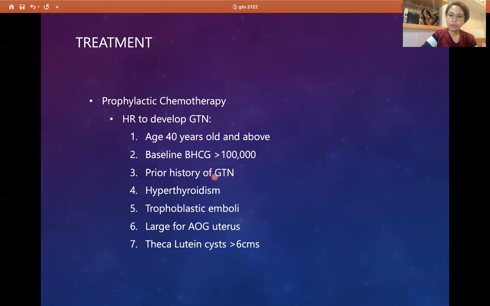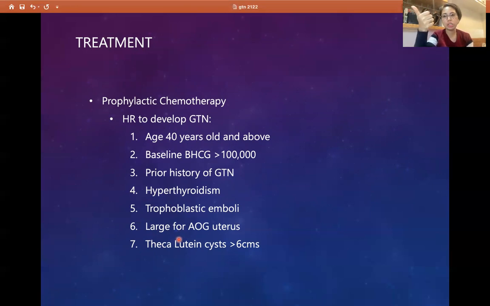Prior history of gestational trophoblastic neoplasia, you look at the OB history, hyperthyroidism present, trophoblastic emboli, large for gestational age uterus, and theca lutein cyst more than 6 cm. So if you see these characteristics present in your patient, then prophylactic chemotherapy should be given.